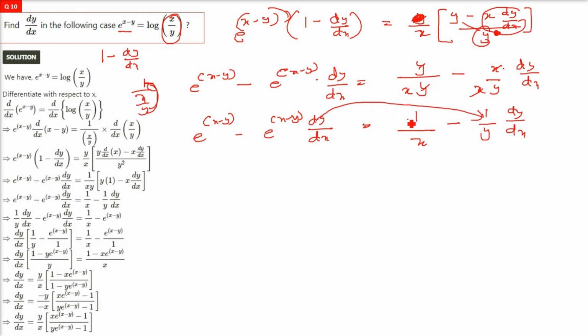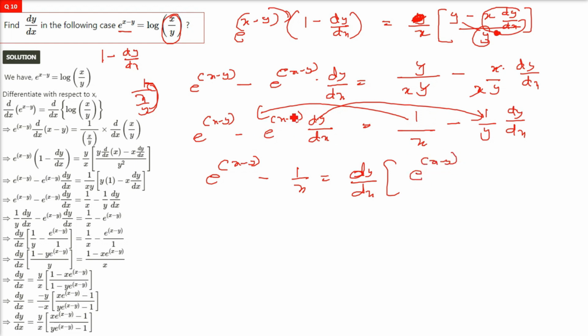So I am taking this one here and this one there. So e to the power x minus y minus 1 by x I have taken here, minus, this is equal to. So dy by dx I'm already taking common. So this will go on the right hand side, will be a plus. So e raised x minus y dy by dx, and you have this.